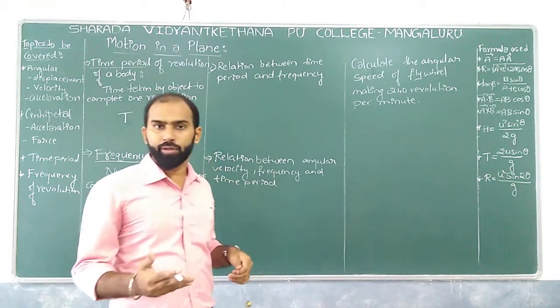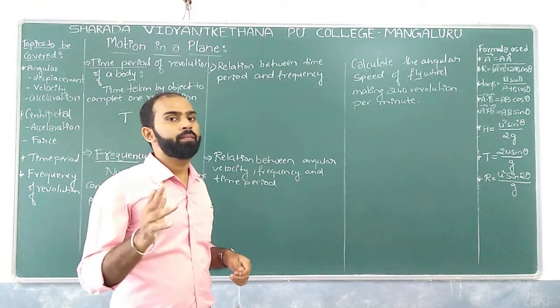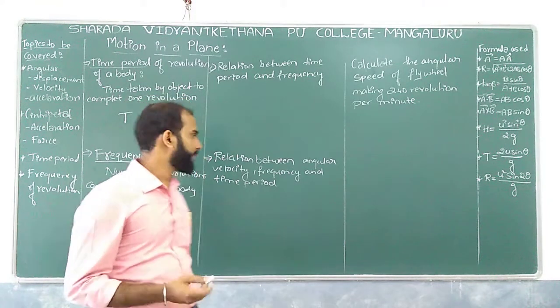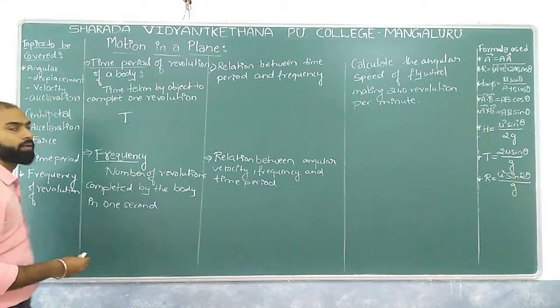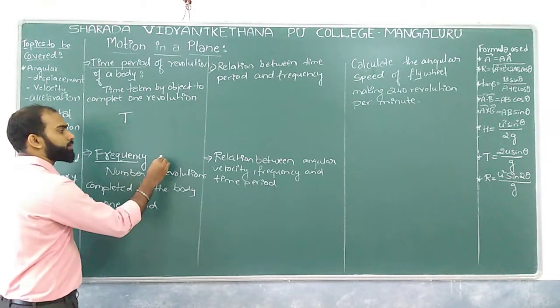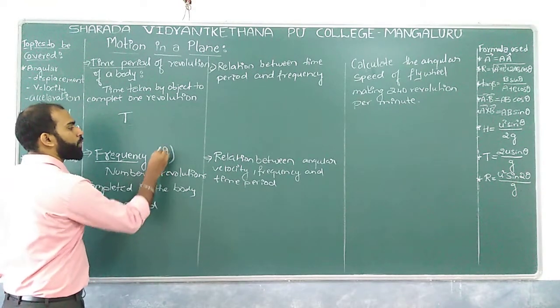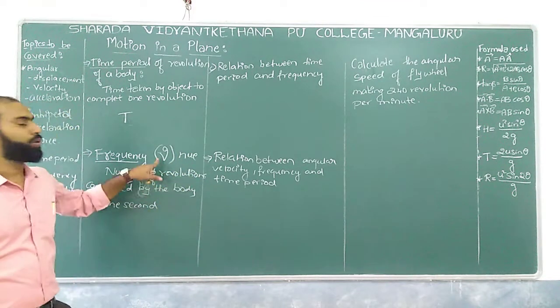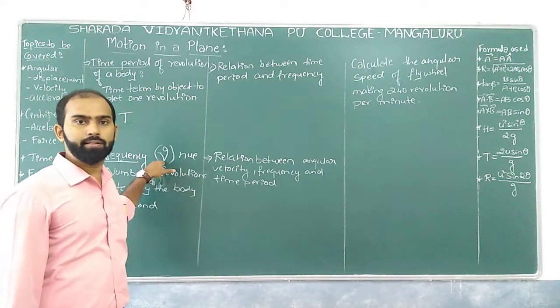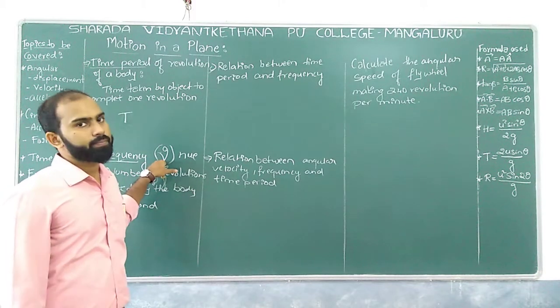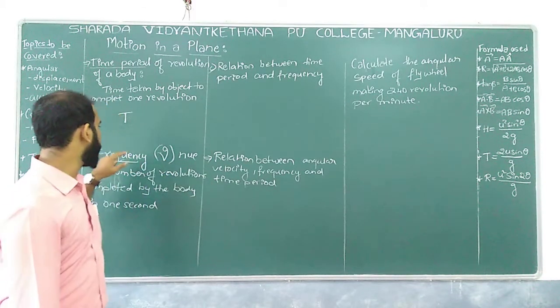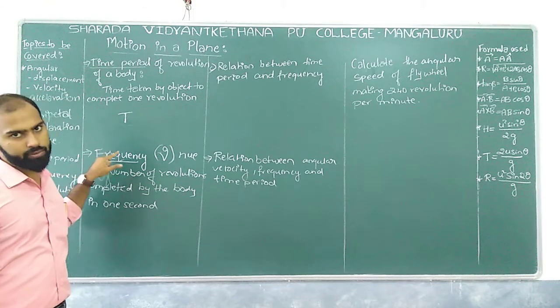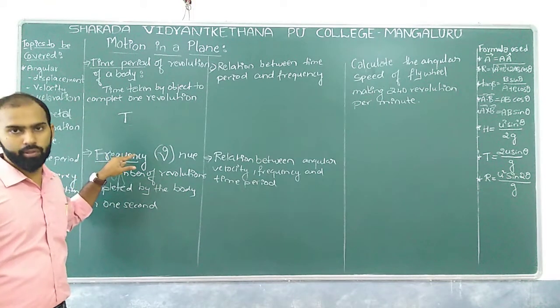So the number of revolutions completed in 1 second gives the frequency, and the indication of frequency is nu. How do we read this? That nu is the frequency of revolution.